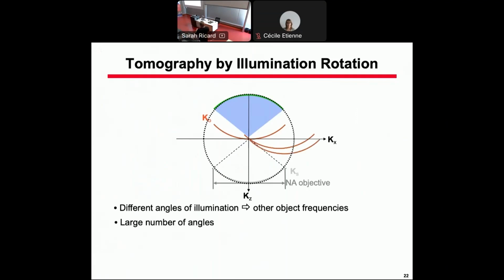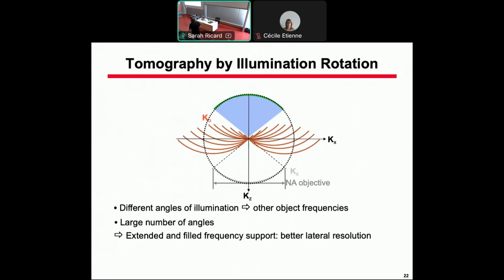And if I have a large numerical aperture and I take many angles, I will fill the so-called butterfly. So I have now an extended object frequency support, so a priori better lateral resolution, something better actually. Previously, we only had one, but we still have something which is common to all the transmission lines.